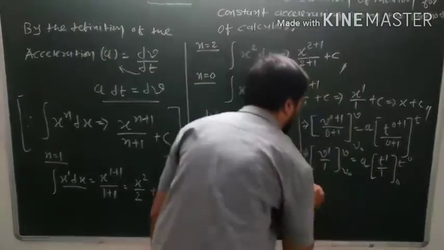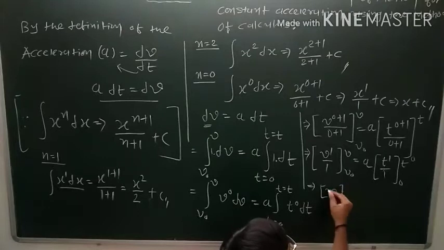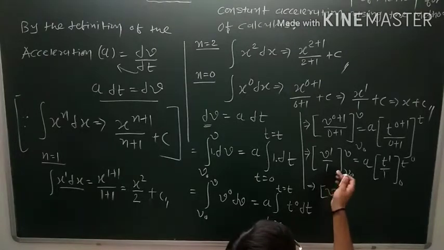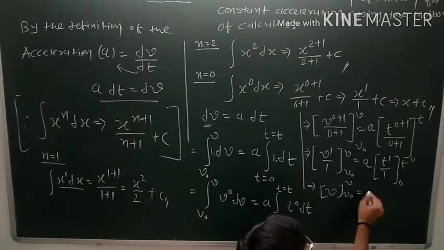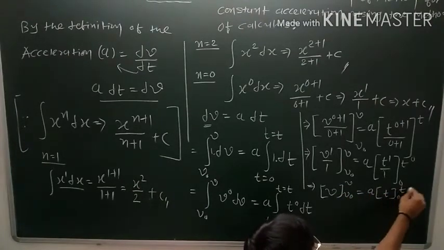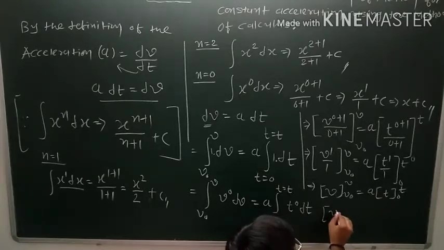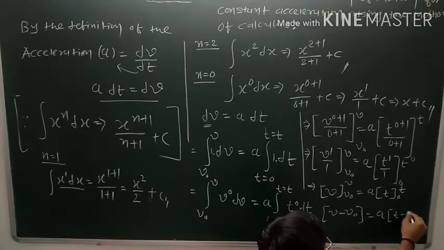So simply we can write here v, there is no meaning of putting 1 below, so here we simply put only v. Now we put the limit, so v minus v naught, then a t minus 0.